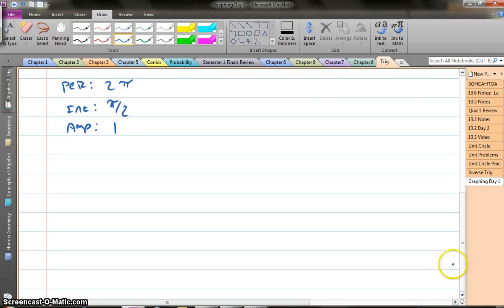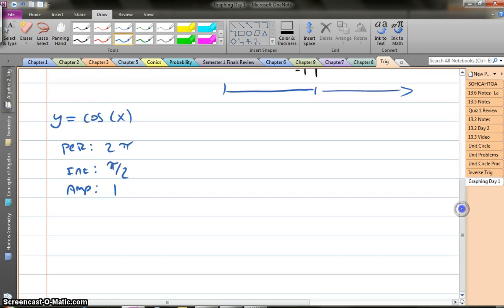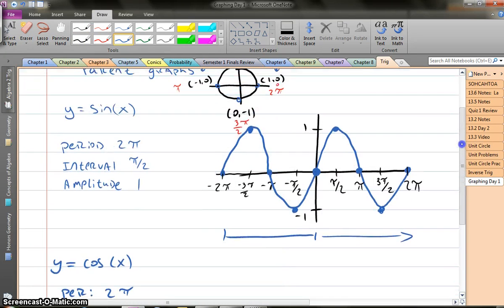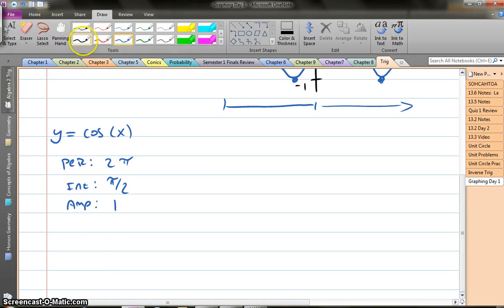Okay, so let's look at cosine now. We could reference that unit circle up above again, or let's just draw another one down here to make our life easy. And we have 1, 0, 0, 1, -1, 0, and 0, -1.